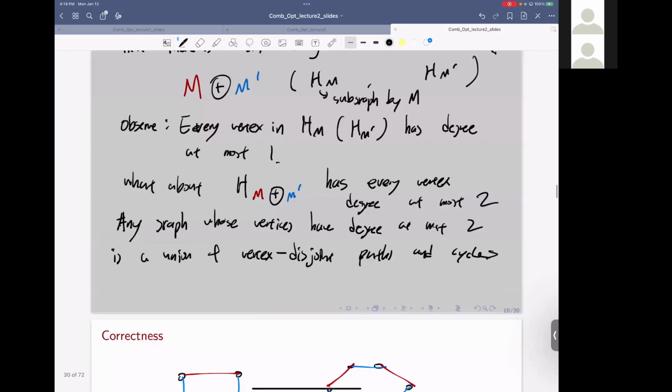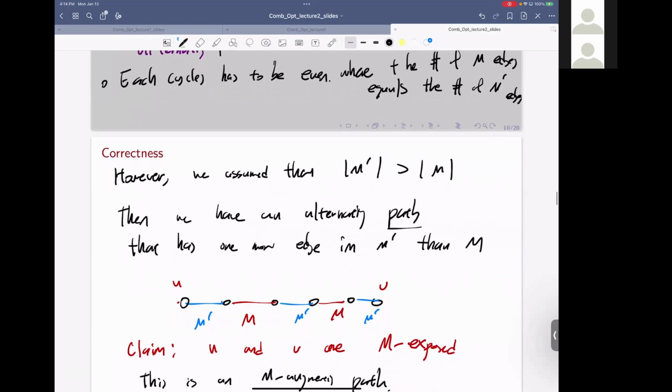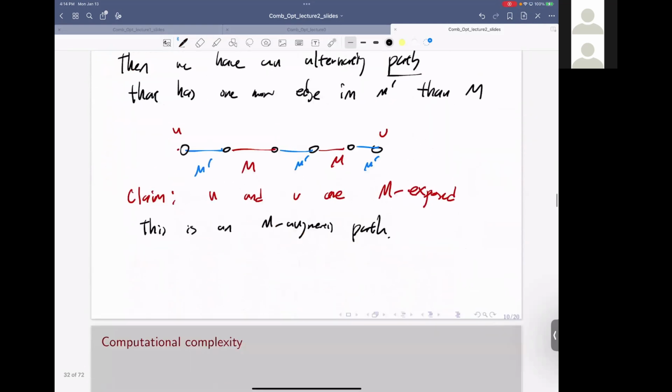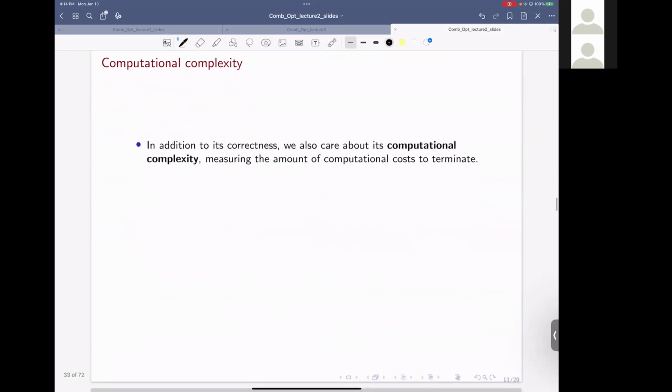Okay. Then for the last 30 minutes, let me explain how to find an augmenting path. Once we have found all the augmenting paths, then we are done. Another question is, how do we find them? Before I get to that, let's talk a bit about the computational complexity of this algorithm.